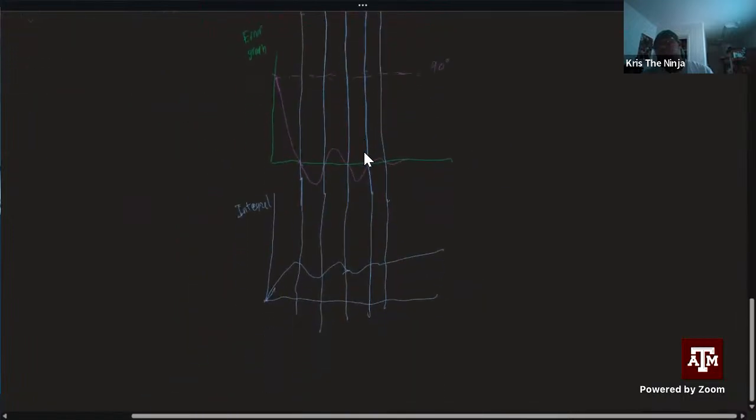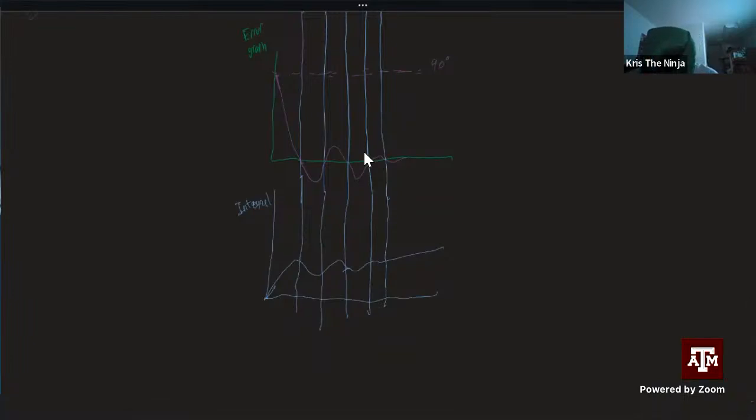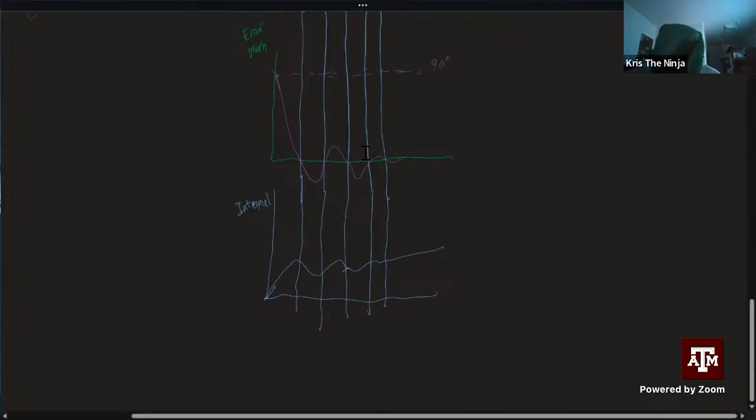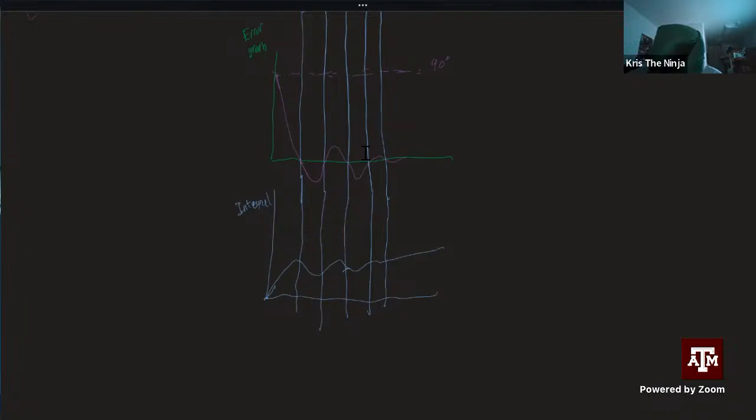So it's important to note that the integral graph will never cross over zero. And then wherever the integral graph changes direction, the derivative graph will also change direction.